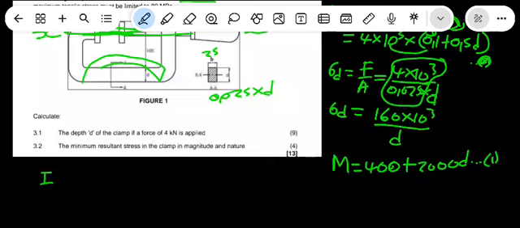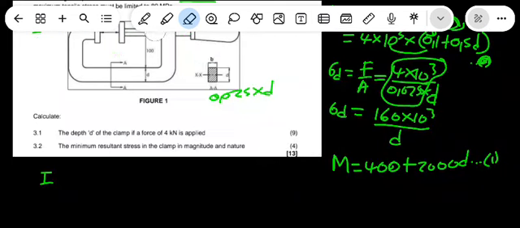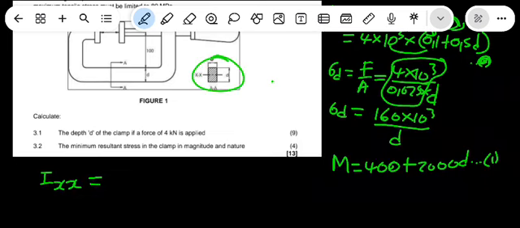We'll use the moment of inertia along the x-axis, where for this cross section it is b times depth cubed divided by 12.